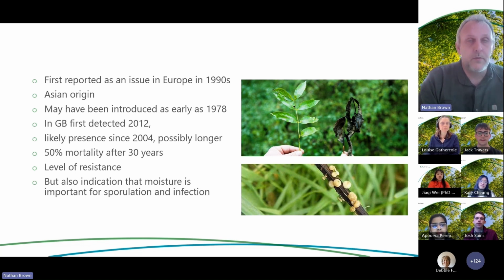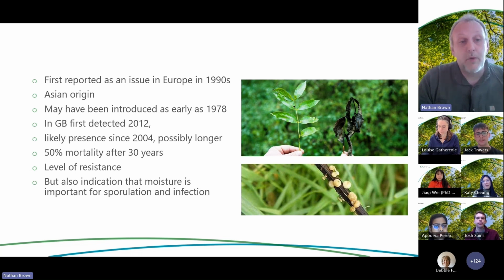There have been herbarium specimens where ash dieback has been found. So this is long before detection occurred. In Great Britain, as I said, first found in 2012, but it was likely present here from around 2004 and possibly longer from looking at the dendrochronology of trees that had died.